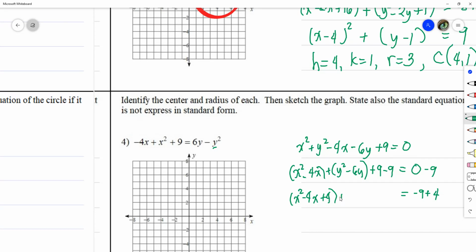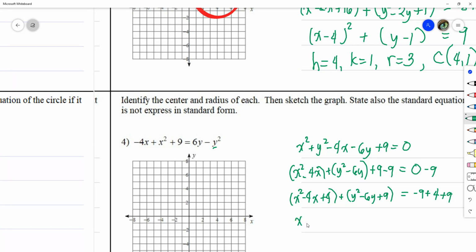Plus, here we have y squared minus 6y. 1/2 of negative 6 is negative 3. Negative 3 times negative 3 equals positive 9. So here, plus 9.